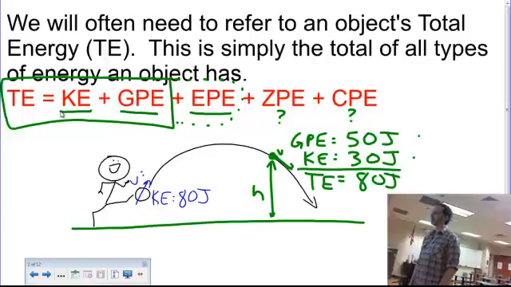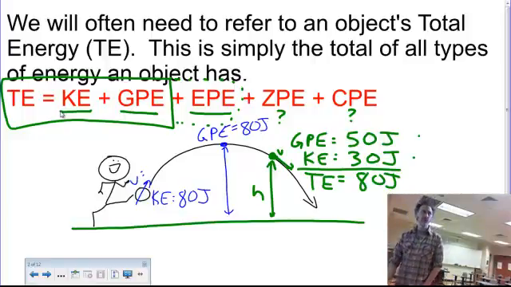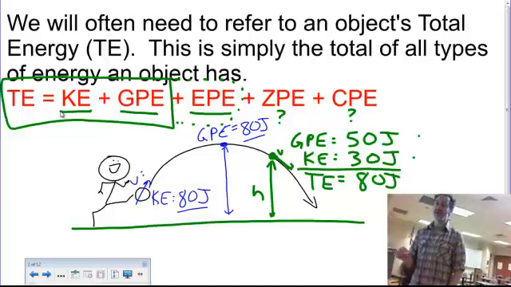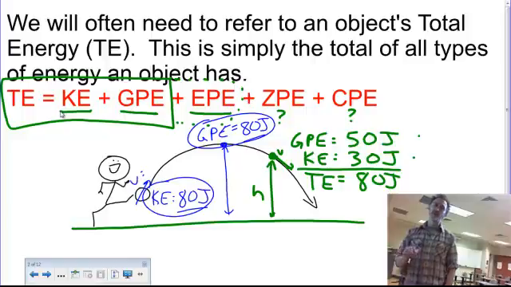So suppose that the kinetic energy when he kicks the ball is 80 joules. And then maybe you find out that up at the top, because the ball is so high up, the GPE up here at the top is 80 joules. And what I'll see students do then is they'll say, that means that the total energy is 80 plus 80 to get 160 joules. But you can't do that because this KE and this GPE occur at different moments in time.